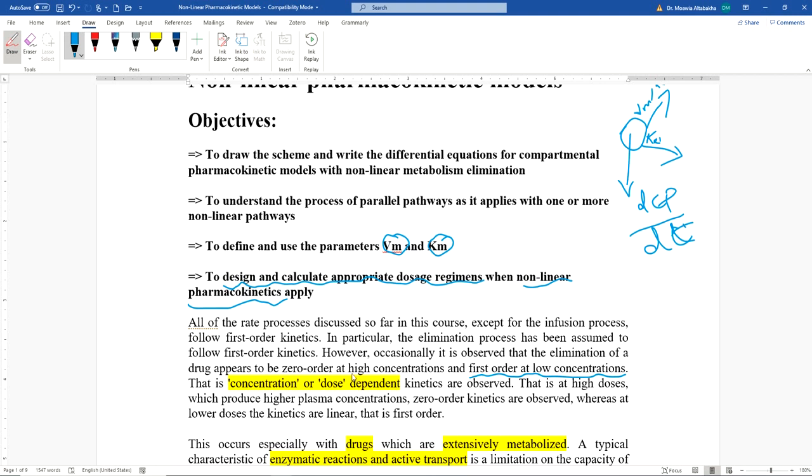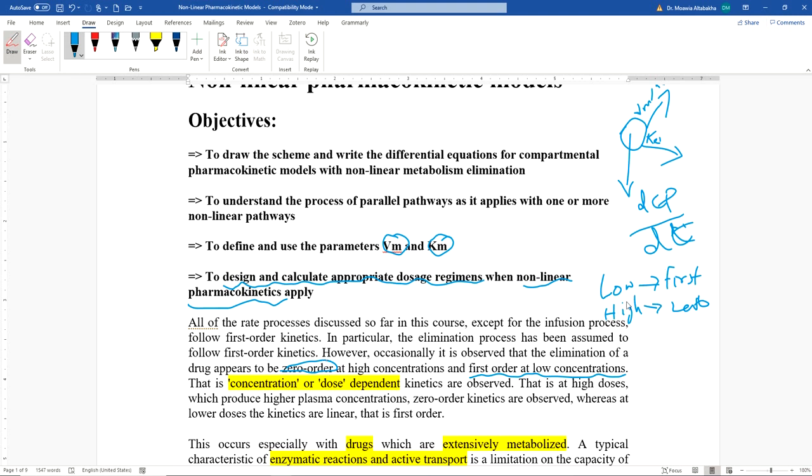But, and this usually happens after multiple dose administration, at high concentration it follows zero order. So low concentration gives us first order, and high concentration gives us zero order. In between, it will be a mix of first and zero order kinetics.